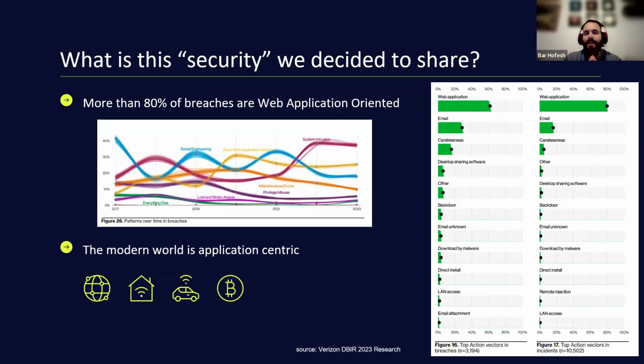Basically, you're right. The main problem with web applications is the basic attacks. And again, this is what we see from Verizon's Bureau's research. Basic web attacks are still the most major attack vector when looking at compromising applications.